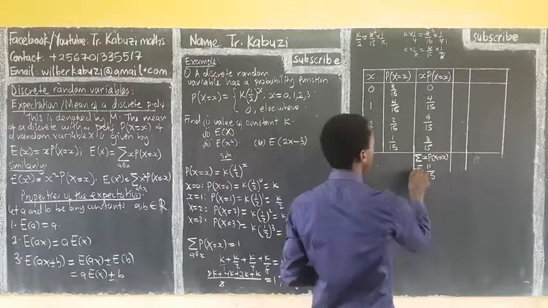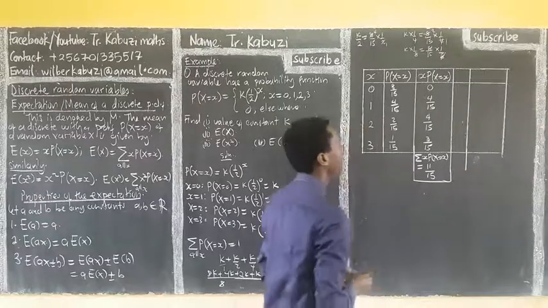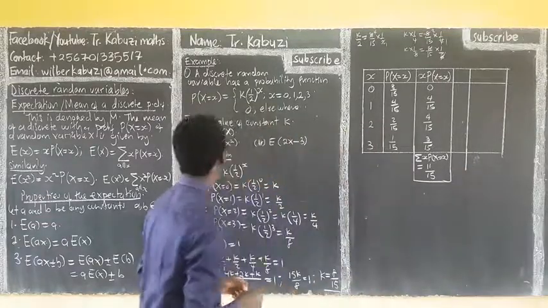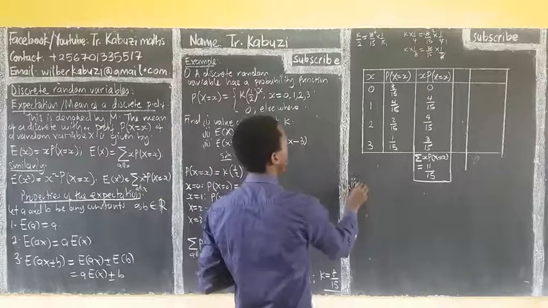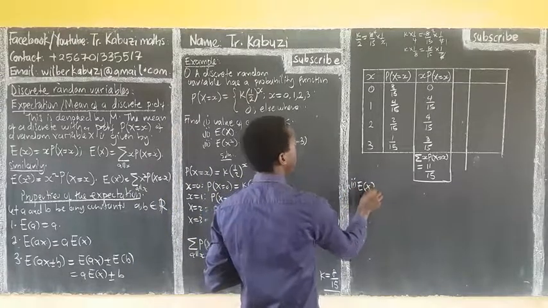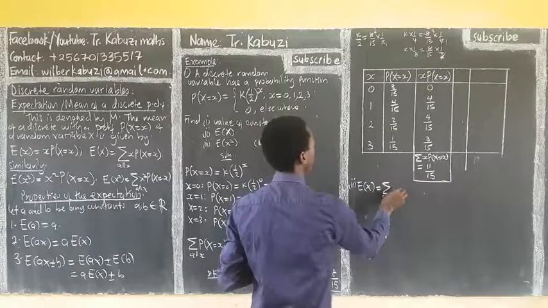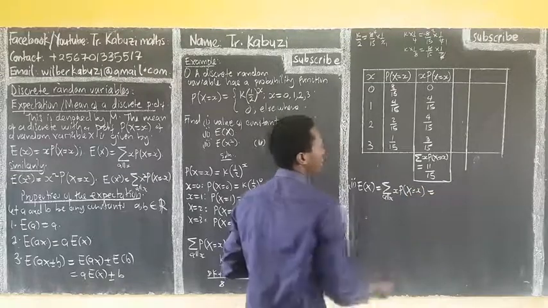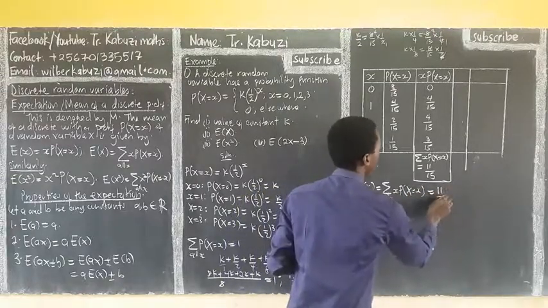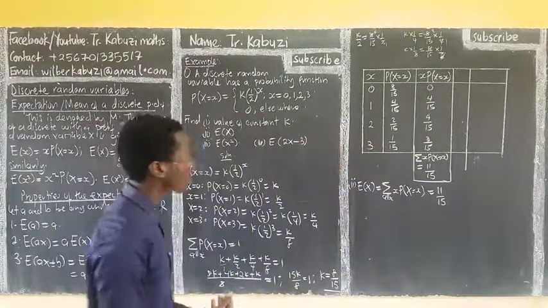Then from there, I indicate that my expectation of x, which is given by the sum for all x values of x times the probability that X equals x, is 11 over 15. So that's my expectation there.